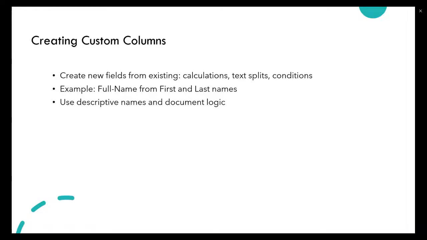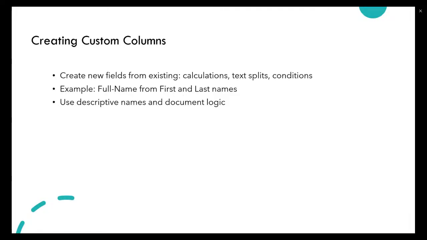For example, you might combine two text columns like first name and last name to create a new full name column, or you might create a calculated field, say profit, by subtracting cost from revenue. You can even add a logic-based column, such as a category column that labels the sales as high or low depending on the amount.